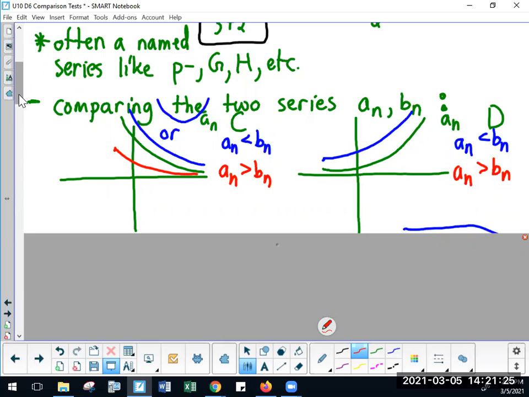Over here, though, B sub n could do that, or could do something like that, right? Those are the possibilities here. So what I'm saying is there is some complexity here.